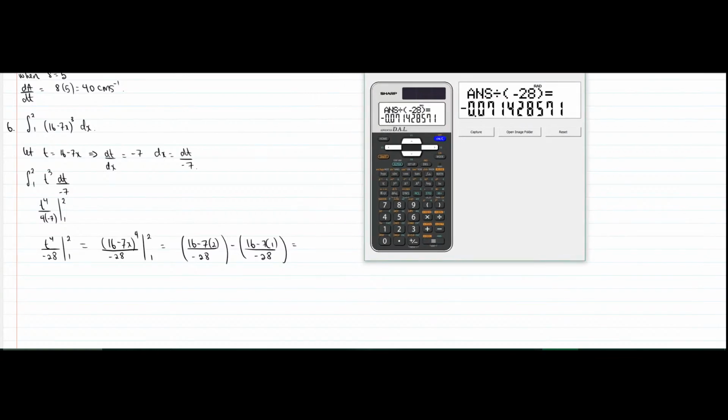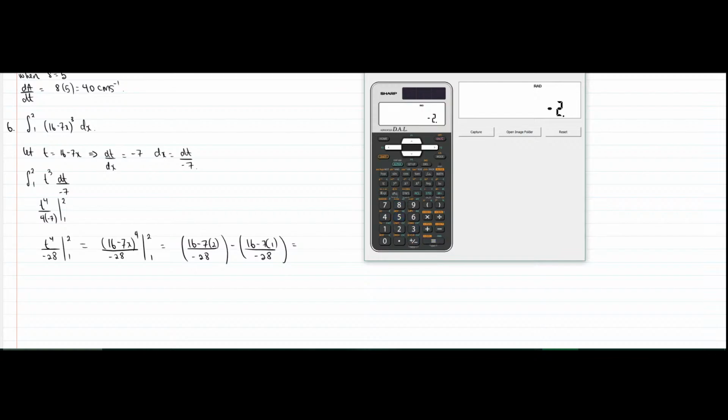I have to leave it as a fraction, yes. 16 take away 7 into 2 is 14, over negative 28. 16 take away 14, right, so we have minus 2 on 28.